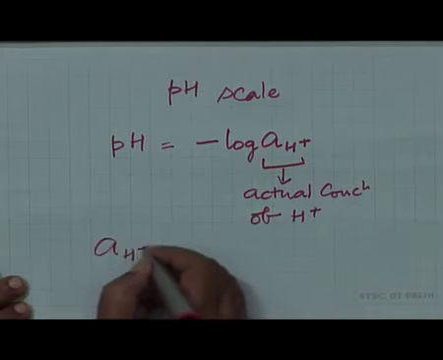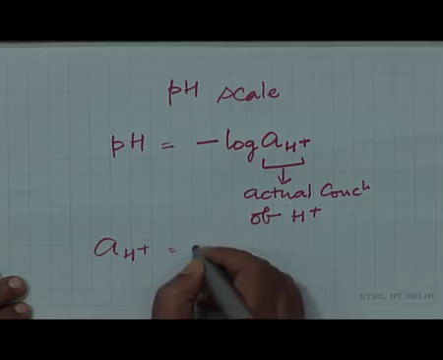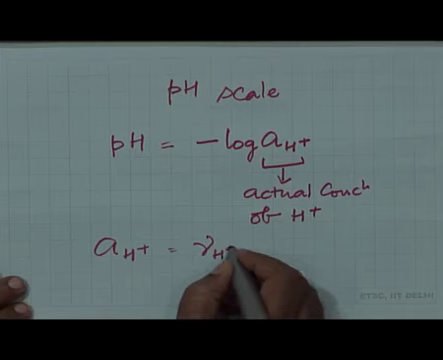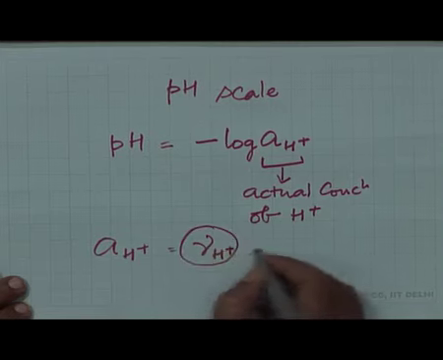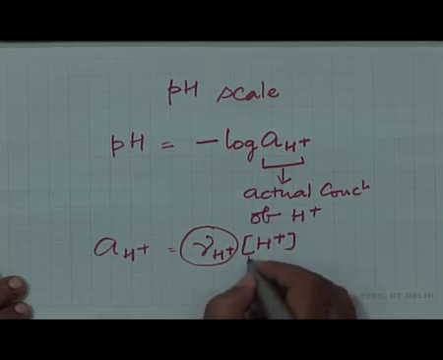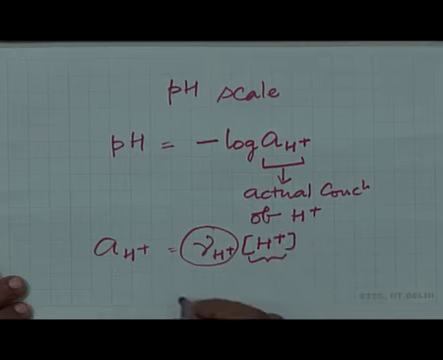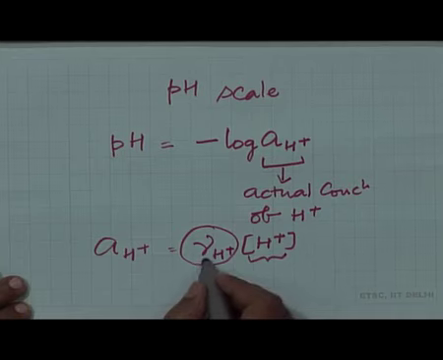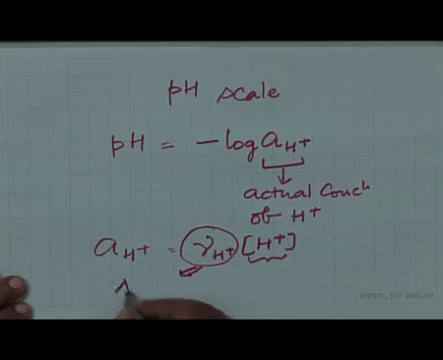Activity is defined as the product of two quantities: one is the activity coefficient, gamma H plus, and the other is the concentration of H plus ion in molarity.